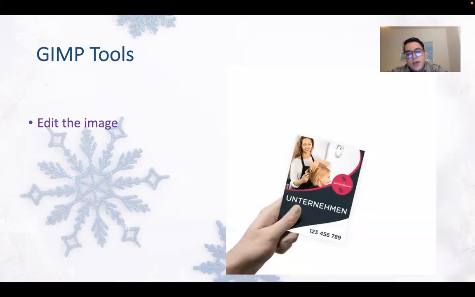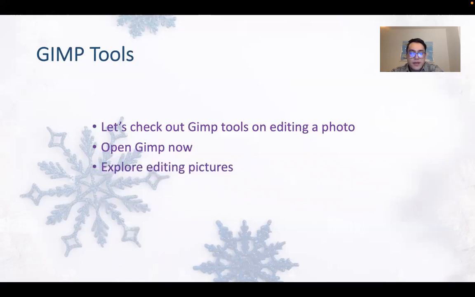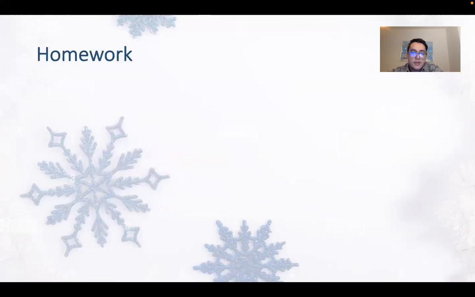You can create a brochure or some flyers or some advertisements such as this. So let's check out the GIMP tools and edit some photos. Let's open GIMP now and explore editing pictures and creating content.